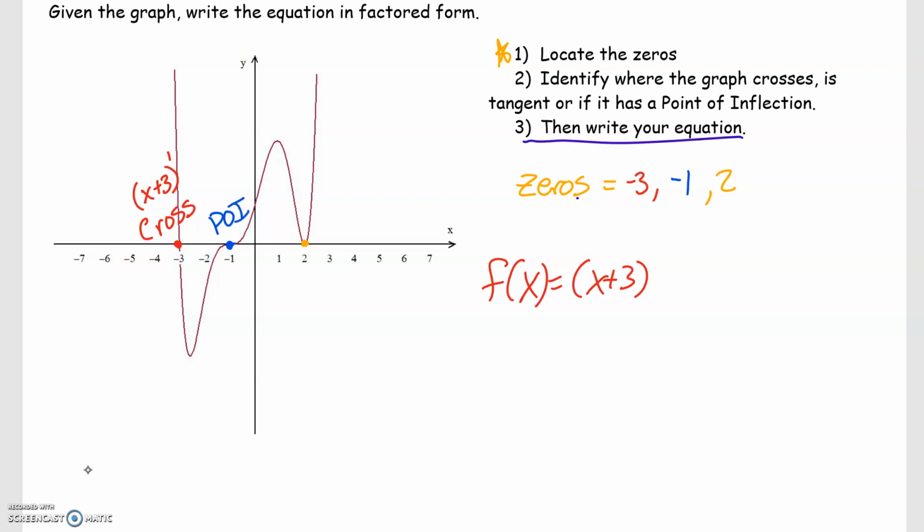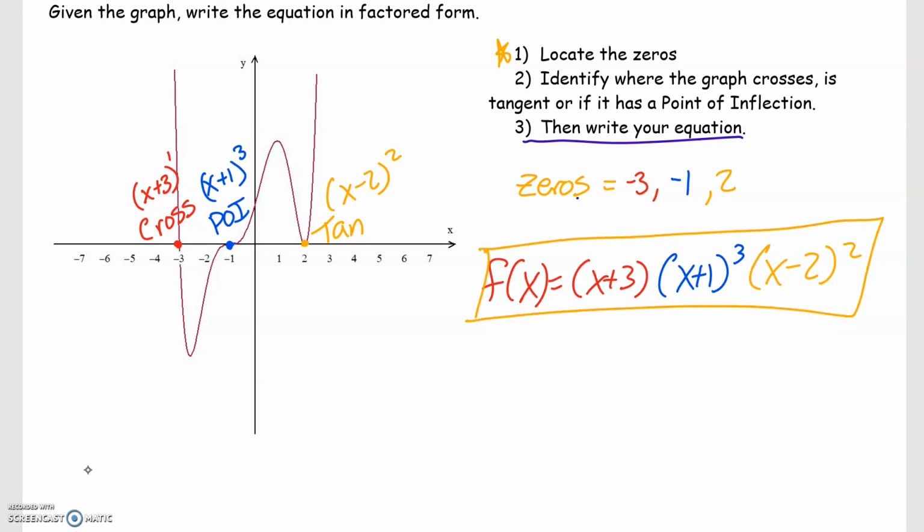So point of inflection equations are cubic, so that's going to be x plus 1 cubed. And our last one is going to end up being tangent, which tangent would be x minus 2 squared. You do not need to FOIL this out. This is as far as you need to go as far as the factored form of the equation or the polynomial.